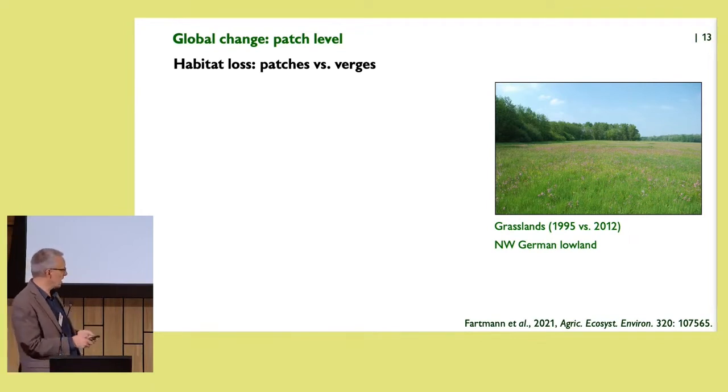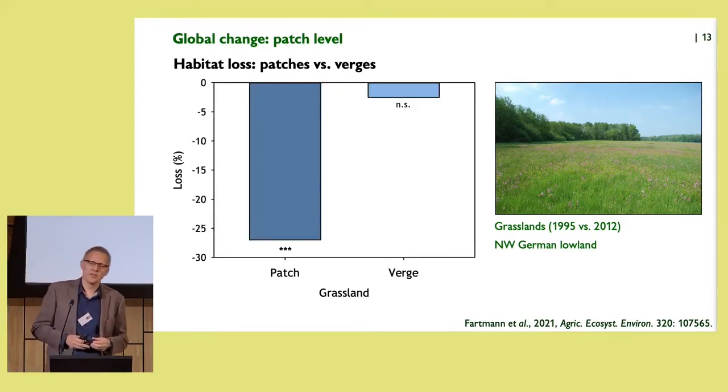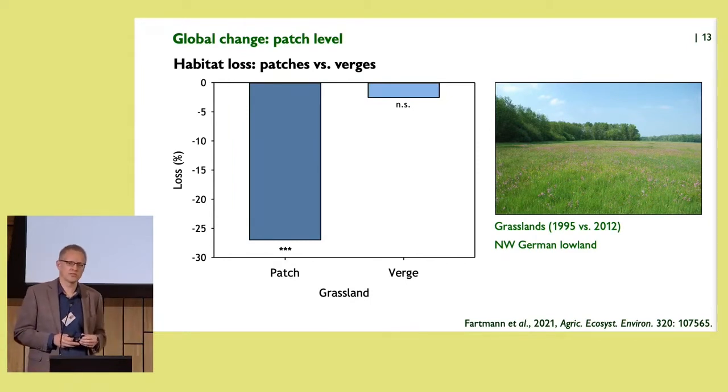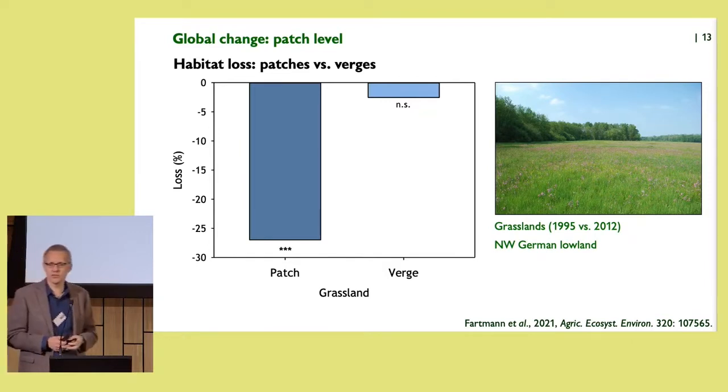We conducted a study in the northwestern German lowland, and we observed strong losses due to the conversion of grasslands to arable fields for maize production, for bioenergy crop production. We lost in our study area more than 1/4 of the grassland patches. On the other hand, the verges still were present. There we didn't observe such losses.